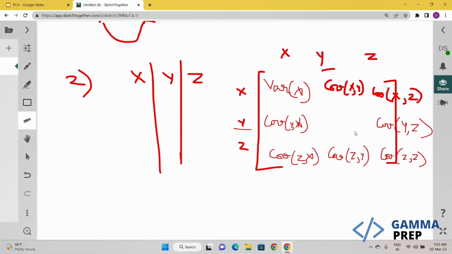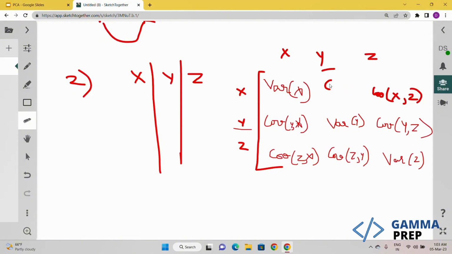Similarly, this would be the variance of Y and this would be the variance of Z. One more thing that you know is that the covariance of X comma Y is equal to the covariance of Y comma X. So the relationship that X has with Y, the same linear relationship Y will have with X. And here we are only talking about linear relationships.